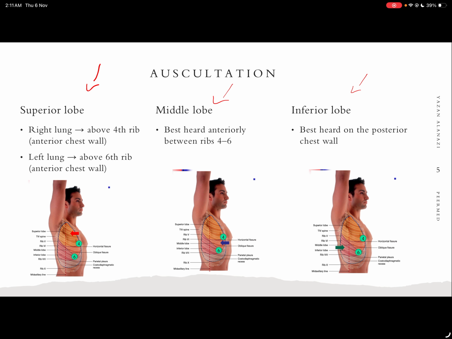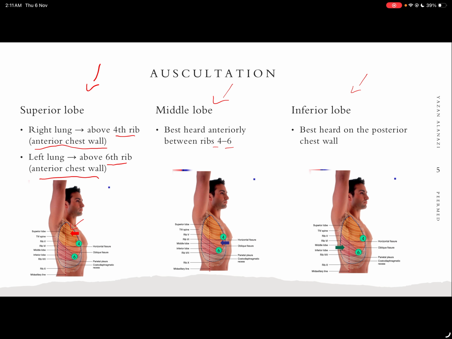In the right lung, it is above the fourth rib on the anterior chest wall, but in the left lung it is above the sixth rib, also on the anterior chest wall. The middle lobe is best heard anteriorly, so we put the stethoscope anteriorly between the fourth and the sixth rib.